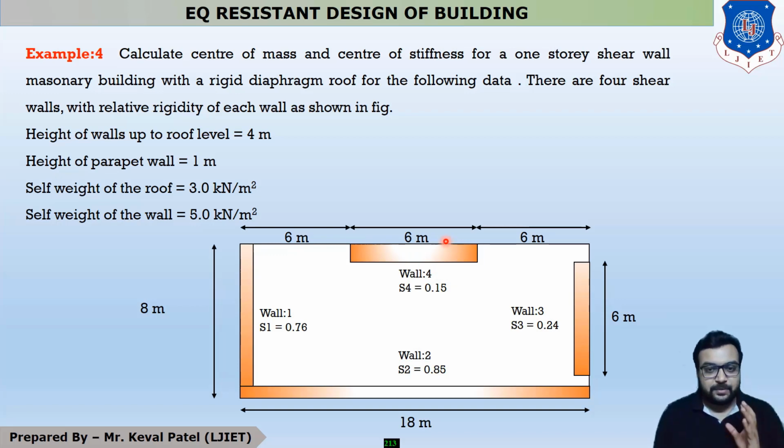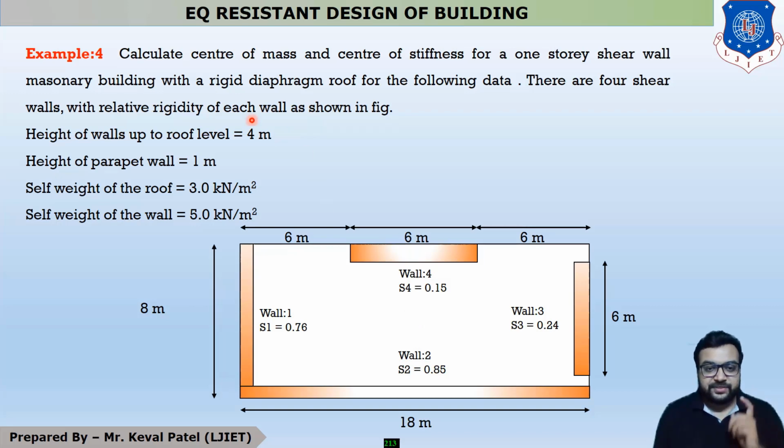In this example we have to find out two main values. First one is center of mass. Mass means weight. So which components' mass is to be considered? This is the white portion. The white portion is the roof, which is also called the slab.